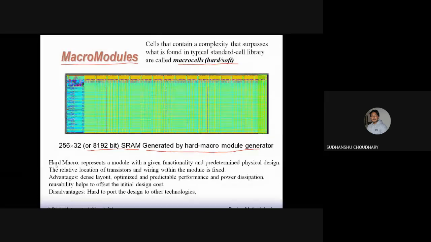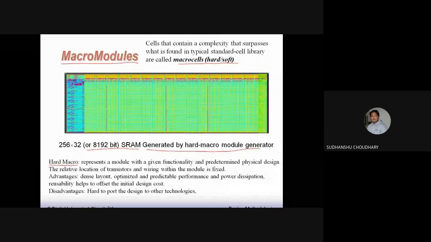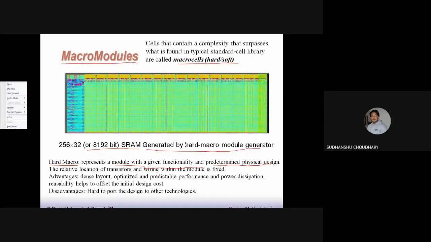So here, a hard macro cell means that the module has a given functionality and it has a predetermined physical design. So you cannot change or optimize the functionality, and also you cannot change or optimize the layout or the physical design of the hard macro.